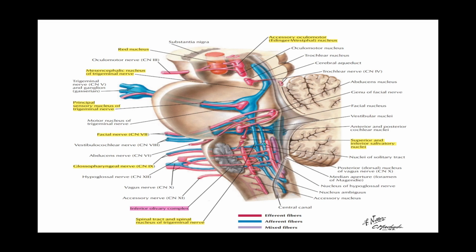If you trace that, glossopharyngeal coming from both the inferior salivatory nucleus and the nucleus ambiguus. We've got our vagus nerve coming from nucleus ambiguus and the dorsal vagus nucleus. We've got the accessory nerve, and we've got the hypoglossal nerve and hypoglossal nucleus. So you can see how these cranial nerves emerge from the brainstem.